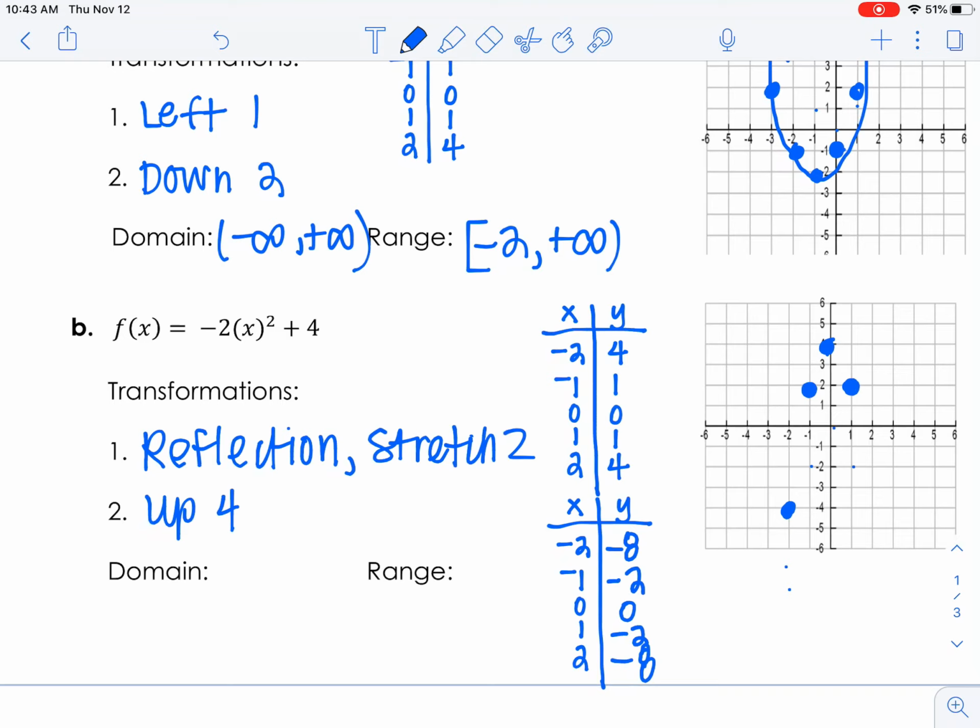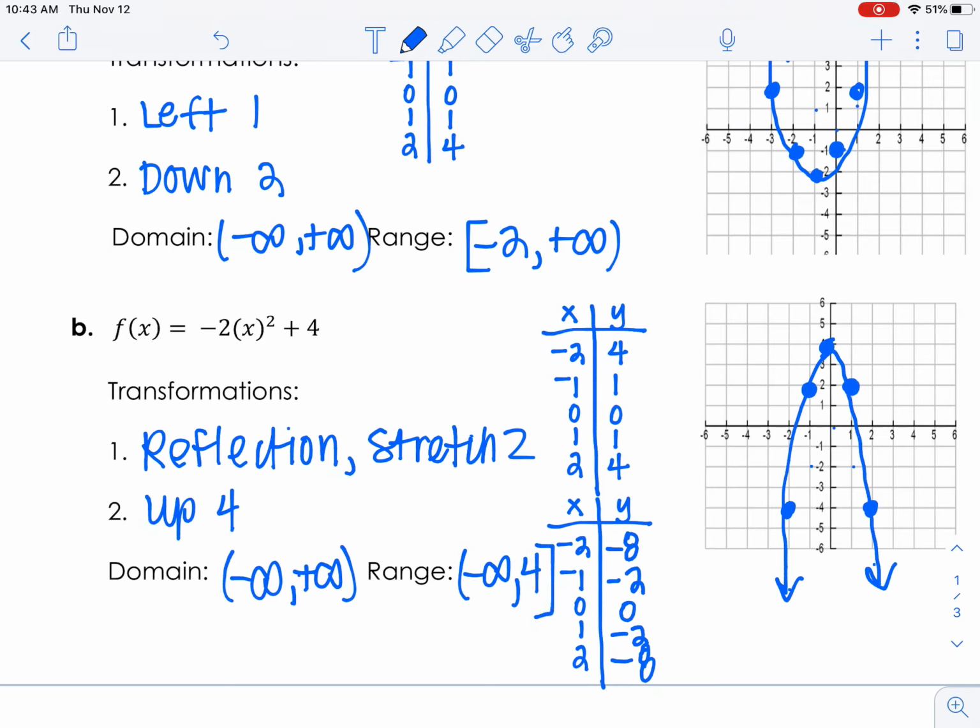And 2, -8 would go up here to -4. Okay, now in this case, our domain is still negative to positive infinity, but our range has switched now to be from down at the bottom, so negative infinity up to +4 with a bracket there at +4 because our y values end at +4.